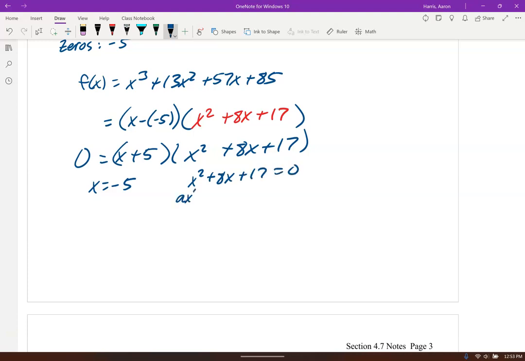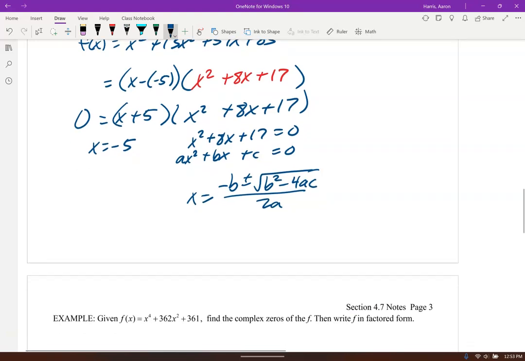Well, if ax squared plus bx plus c equals 0, then the old quadratic song pops into your head. X equals -b plus or minus square root of b squared minus 4ac all over 2a. And I hope you are a much better singer than me.